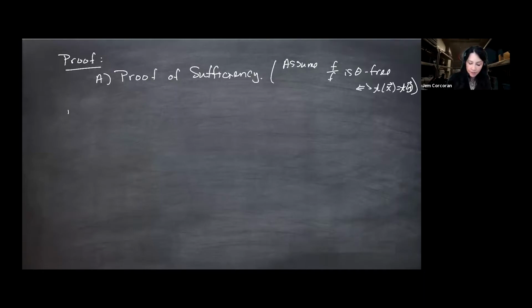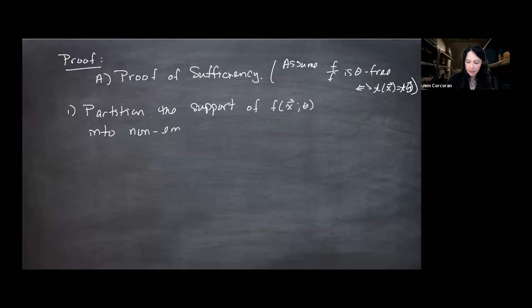Okay, so my first step is I'm going to partition the support of the joint PDF. So that is the place where the joint PDF is non-zero. I'm going to partition it into a bunch of disjoint sets whose union will make up the whole support, into non-empty sets.